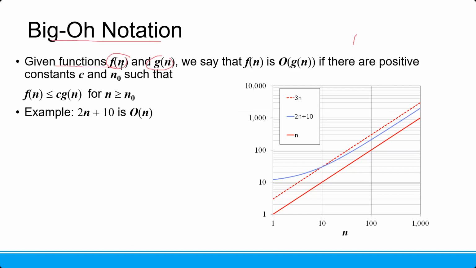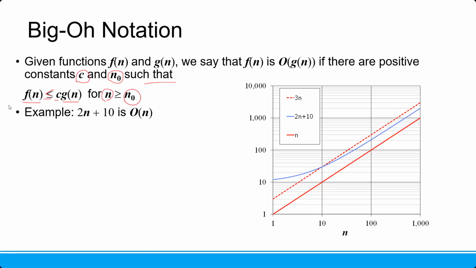We say that f(n) is O of g(n) if there are positive constants c and n0 such that f(n) is less than or equal to c multiplied by g(n) for all n higher than or equal to n0.